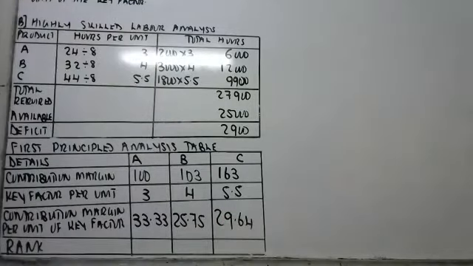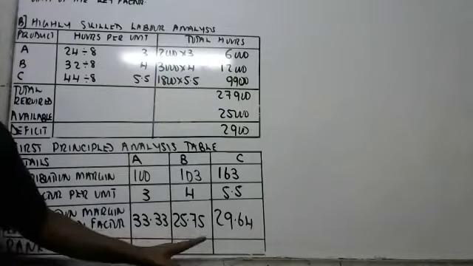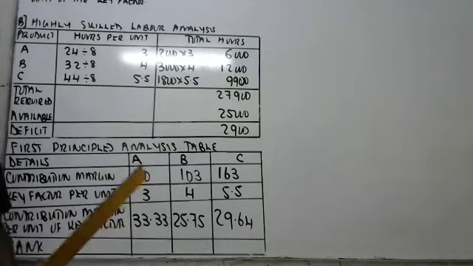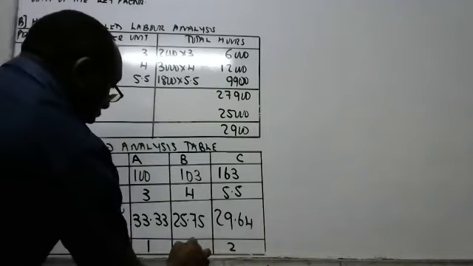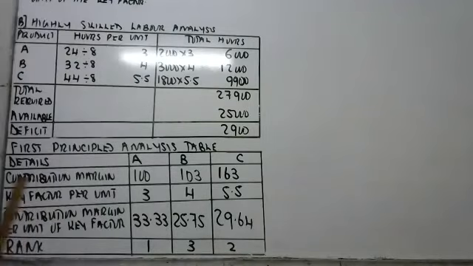So when it comes to ranking, you now prefer the one that has the highest contribution margin per key factor. So this is number 1, this is number 2, and this is number 3.